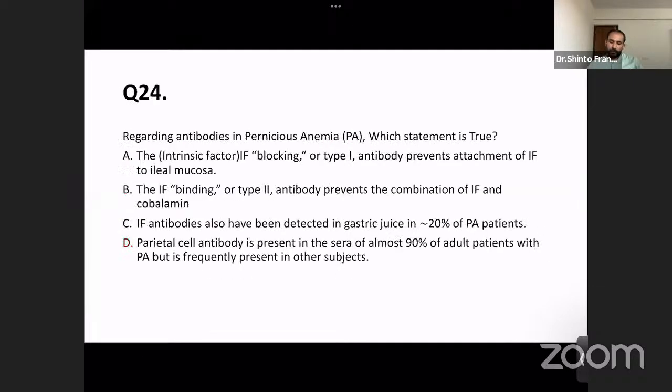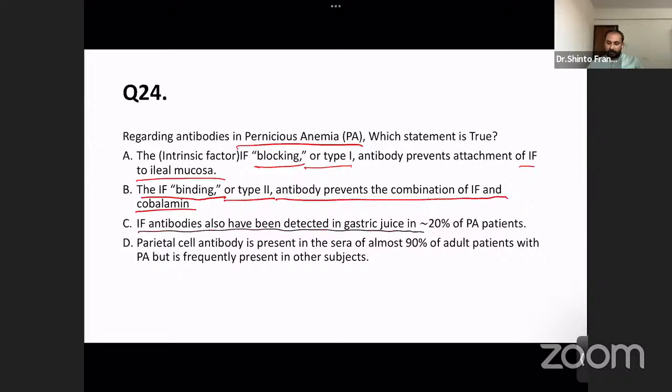Question 24, regarding antibodies in pernicious anemia, again an important topic, which is true. Intrinsic factor blocking or type 1 antibody prevents the attachment of IF to ileal mucosa. IF binding or type 2 antibody prevents combination of IF and cobalamin. IF antibodies are detected in gastric juice in up to 20% of PA patients. Parietal cell antibody is present in 90% of adult patients with PA, but frequently present in other subjects.